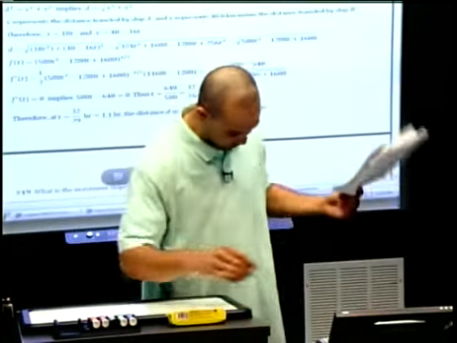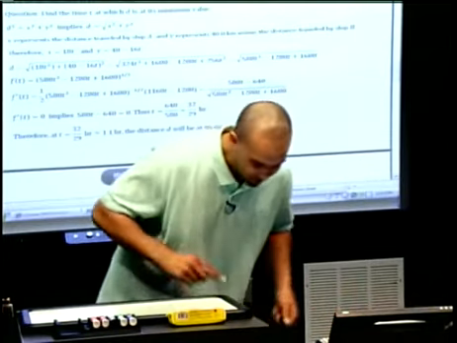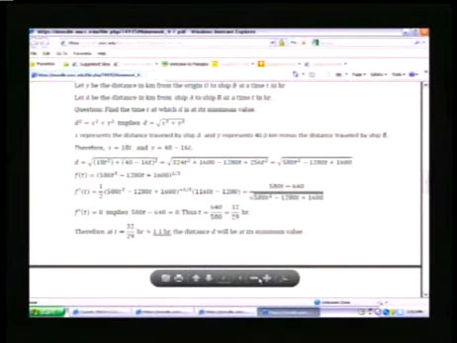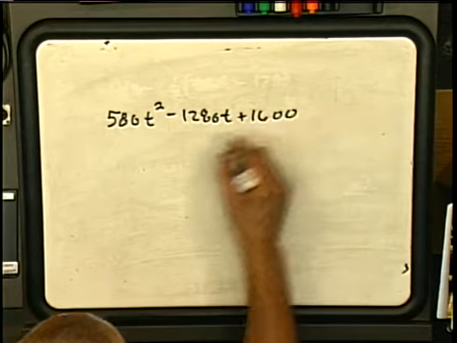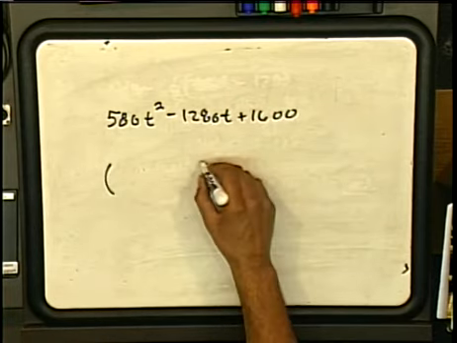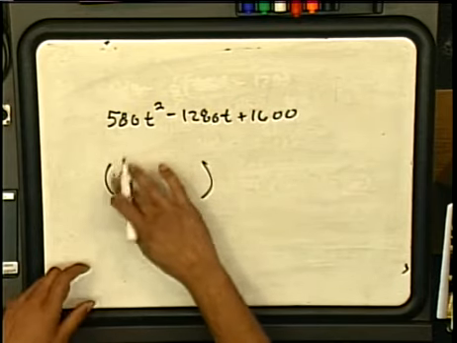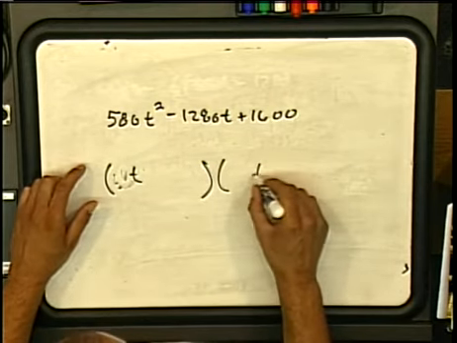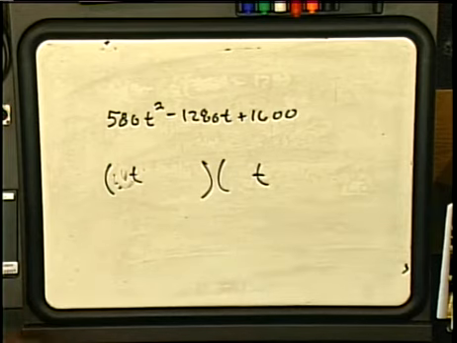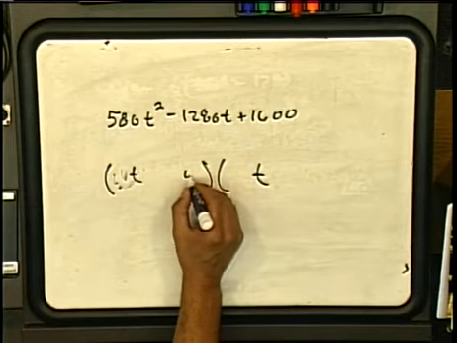So at the bottom he got 580t squared minus 1280t plus 1600. That's some t. 40, 40.